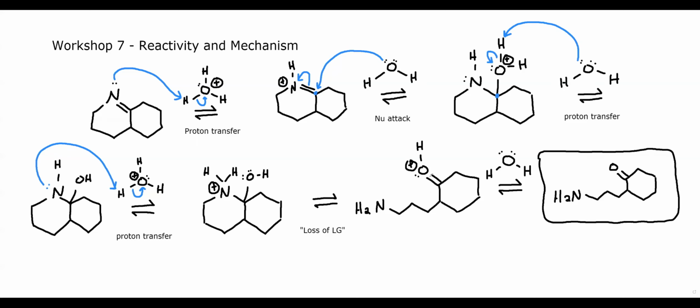We see that we have a C double bond O. Okay, so if we have a C double bond O, that means these electrons are coming down to form that pi bond again. And we're kicking out this leaving group in quotes, which is this positively charged nitrogen. We're kicking it off, but it's still connected on the lower part of the molecule here. It's still connected there. So it's actually not falling off the molecule. It's just breaking apart at that section.